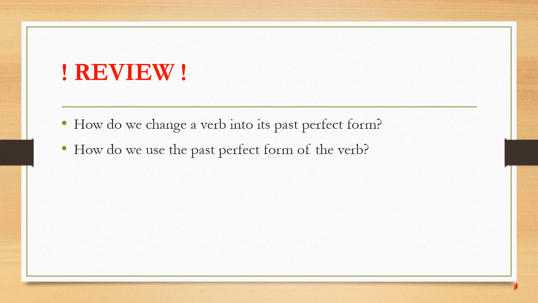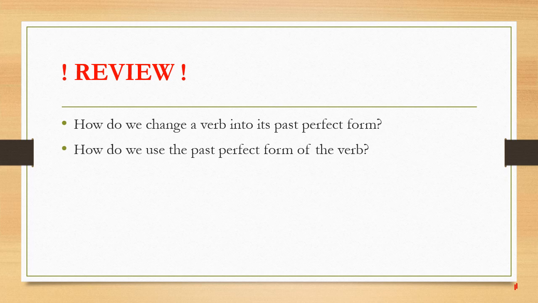Second review question, how do we use the past perfect form of the verb? O, sige, ang definition natin kagina, we use the past perfect form of the verb for an action that was completed already before another action happened.